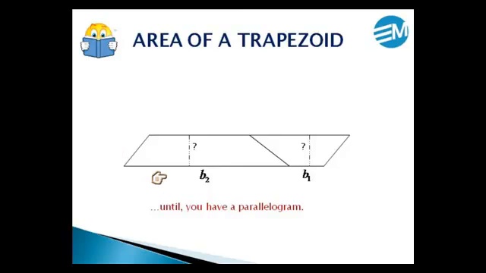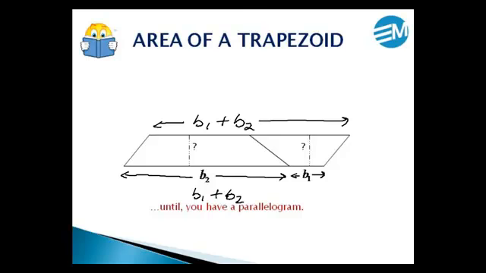What will its base be now? The base will be base 2 plus base 1, so it will be B2 plus B1. This is one side, and the other side will be the same, because it's a parallelogram, and opposite sides of a parallelogram are equal.